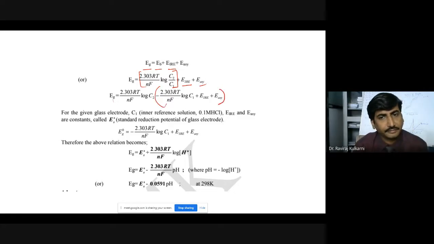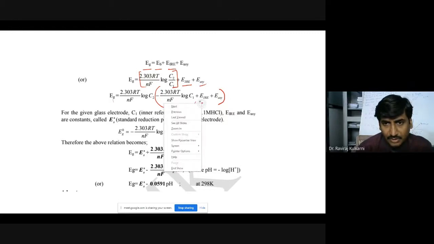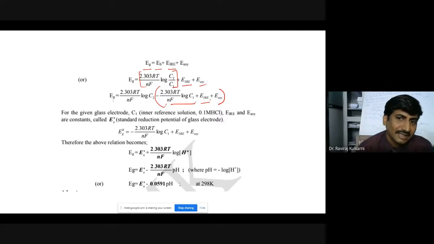One is electrode potential of internal reference solution, the glass electrode developed with respect to internal reference solution. Second one is electrode potential due to internal reference electrode, that is what? Silver chloride electrode, and potential because of asymmetric potential.